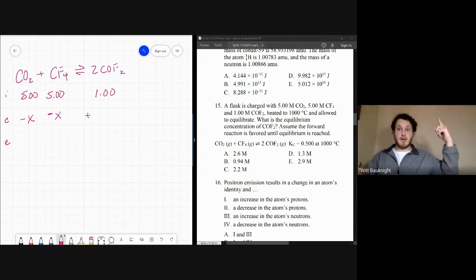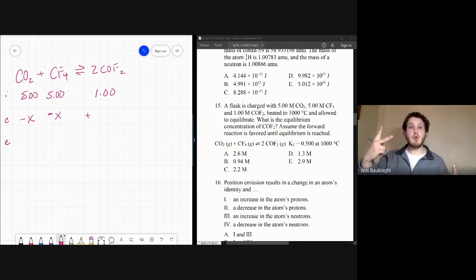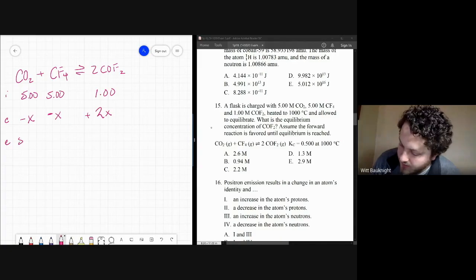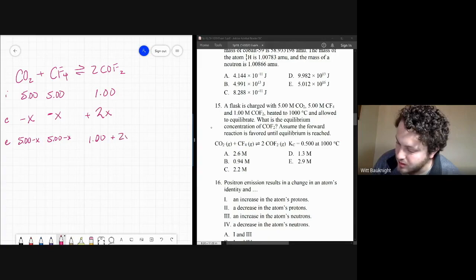For every 1 mole of CO2 that's consumed, 2 moles of COF2 are produced. So that's why this change is twice as large. So our equilibrium values are 5.00 minus X, 5.00 minus X, and 1.00 plus 2X.